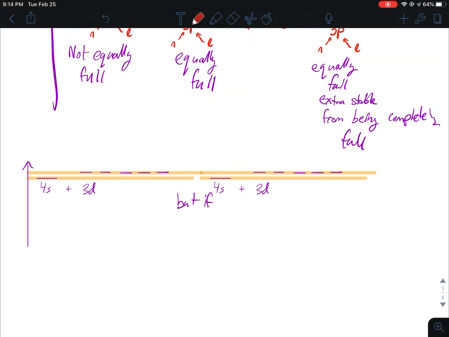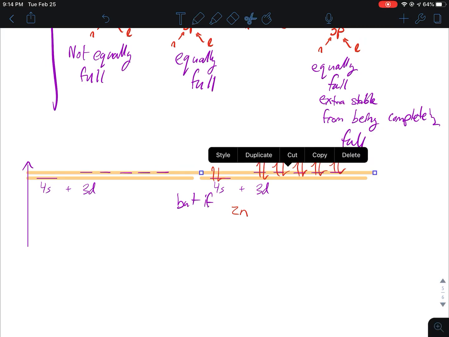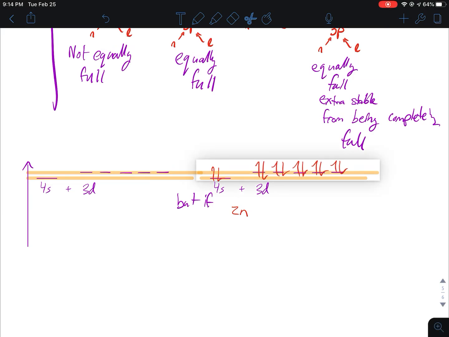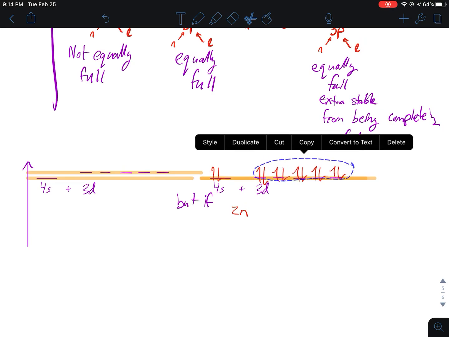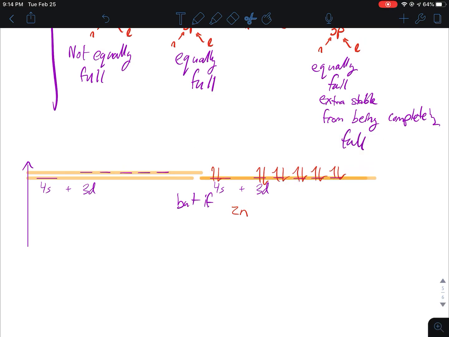Because the 4s and the 3d are so close, if we had something like, let's do zinc, for example, then you have 1, 2, 3, 4, 5, 6, 7, 8, 9, 10, 11, 12. So you have all of these electrons, and so you can think that these will actually drop down.